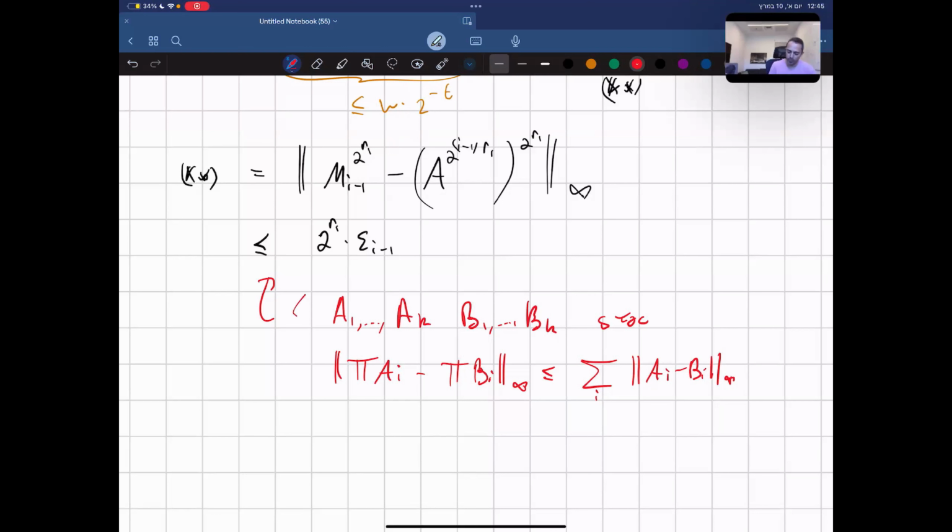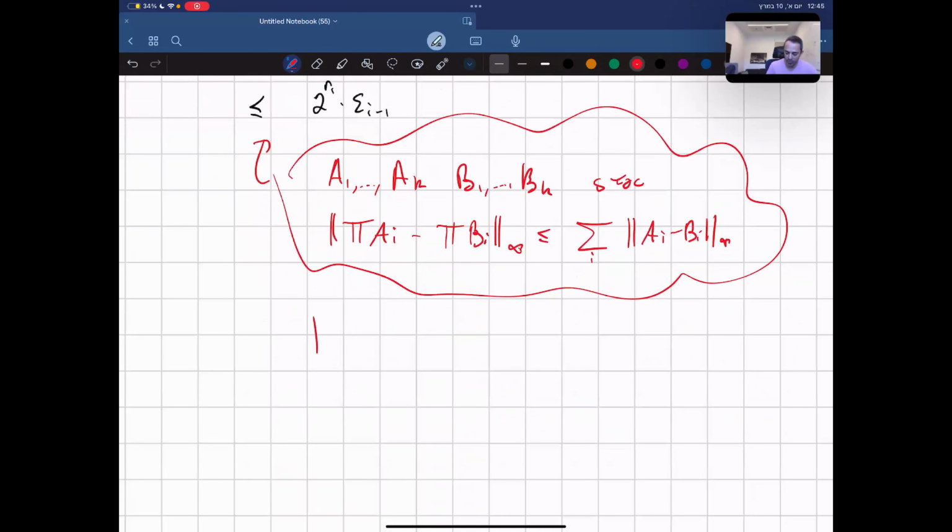That's a little lemma that you can prove to yourself. It's very easy. For example, in the 2 case, which is the general thing really, you're looking at something like that, and so what you do is you add and subtract, say, A1 B2.